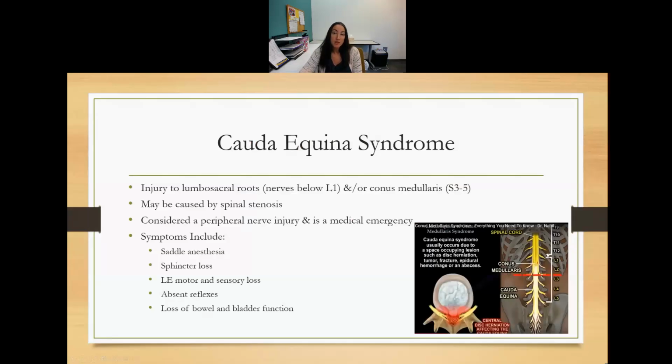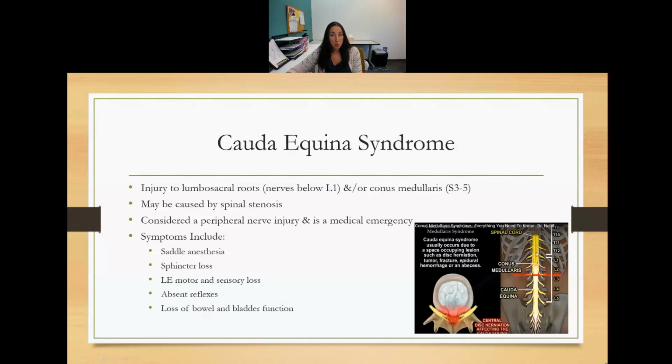And then Cauda equina syndrome. At the level of L2, rather than being like a bundle of nerves, they start to kind of fan out and become individual nerves that are just traveling through the spinal column. So at L1 and above, it's a bundle of nerves, the spinal cord, and then peripheral nerves enter and exit into that cord bundle.